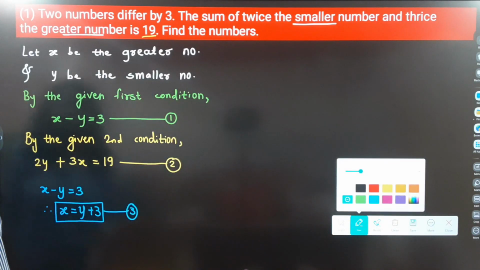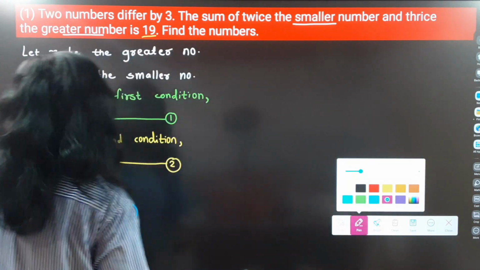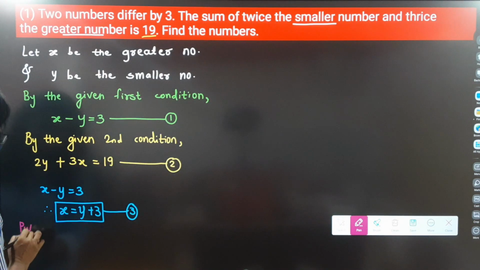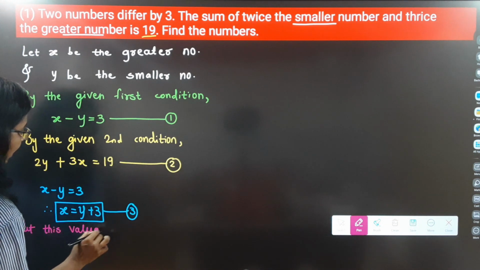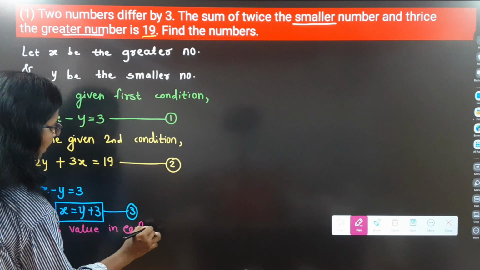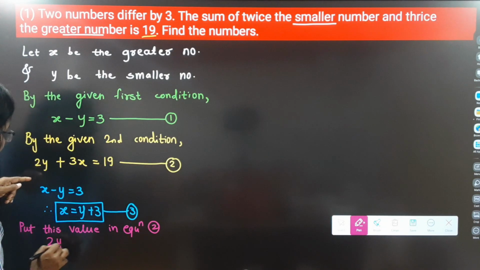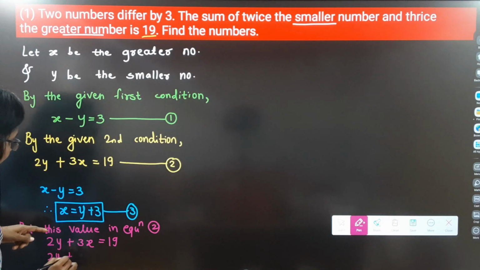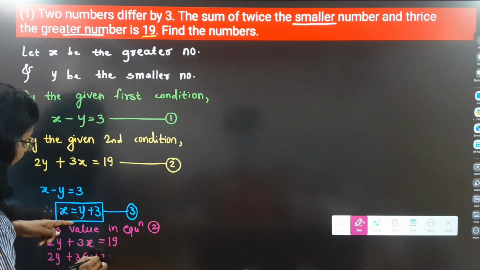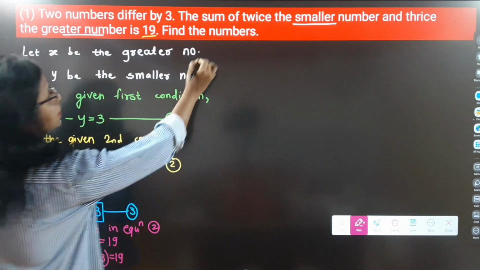Then, students, the next step is to put this value in equation 2. Equation 2 is 2y plus 3x is equal to 19. Therefore 2y plus 3 times (y plus 3) is equal to 19.